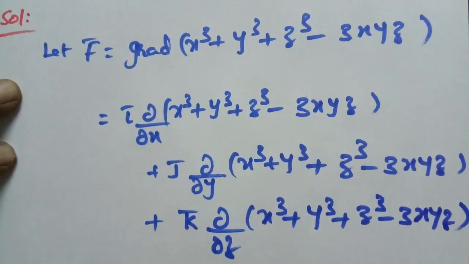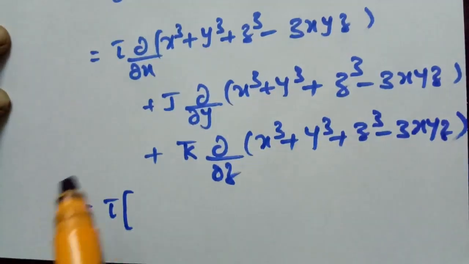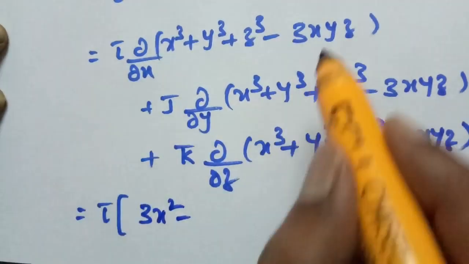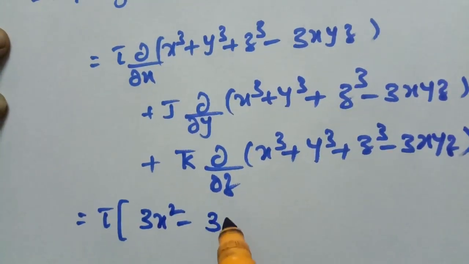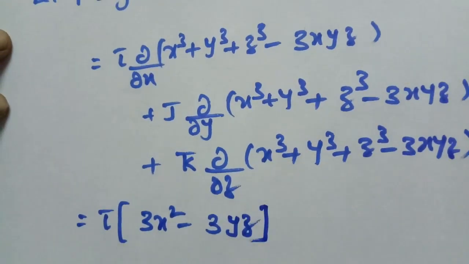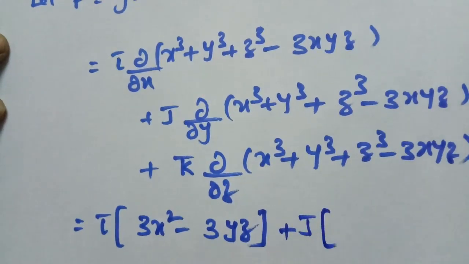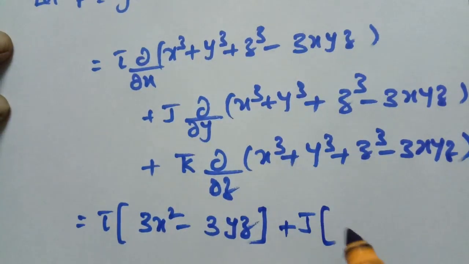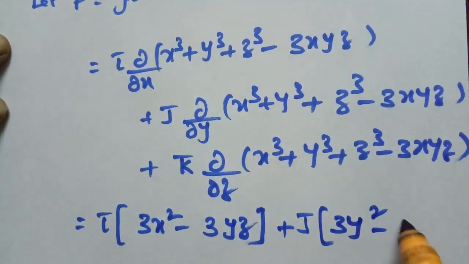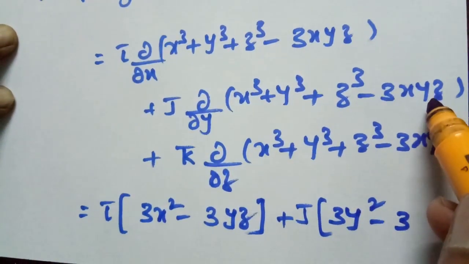Therefore, this can be written as i bar into the partial derivative of this quantity with respect to x, that is 3x square minus 3 (yz), where 3 is a constant, y is a constant, z is a constant, and the derivative of x is 1, plus j bar into, similarly we can get, 3y square minus 3 times the partial derivative with respect to y.